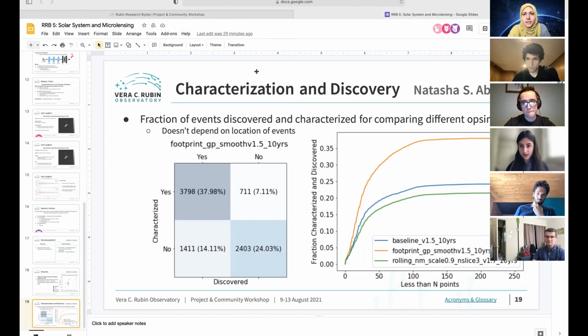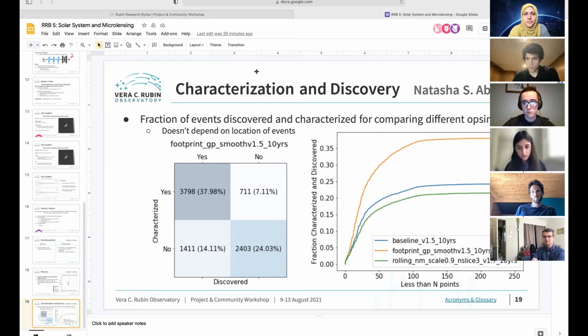So I can't give you an exact number, but for the longer duration microlensing events, when we were looking at the n-squared distribution, we could recover nearly all of them, whereas for the shorter duration ones, it's closer to 50% or less.